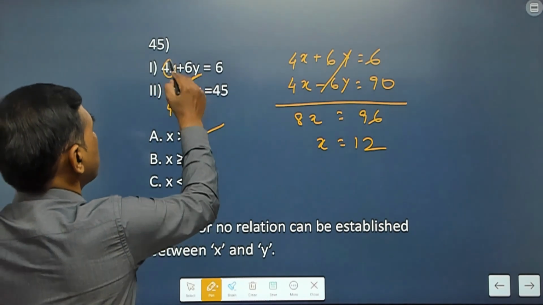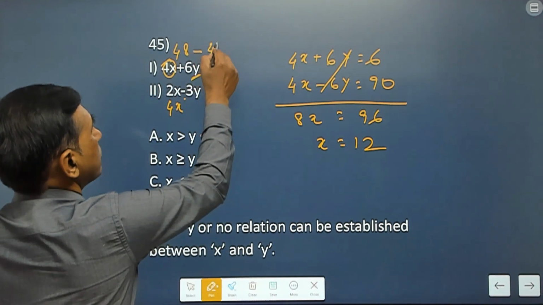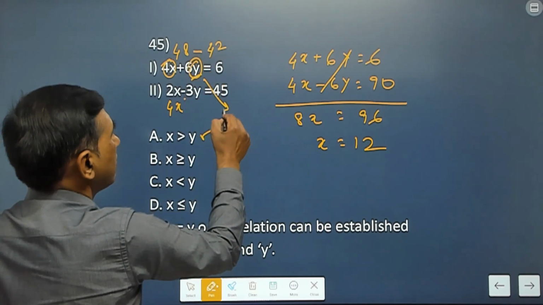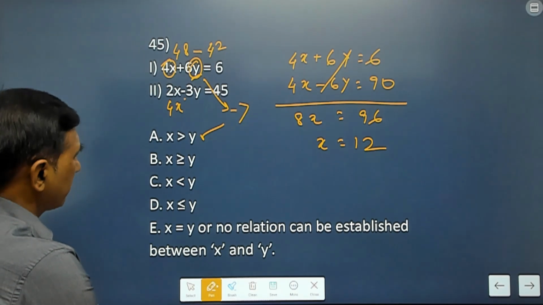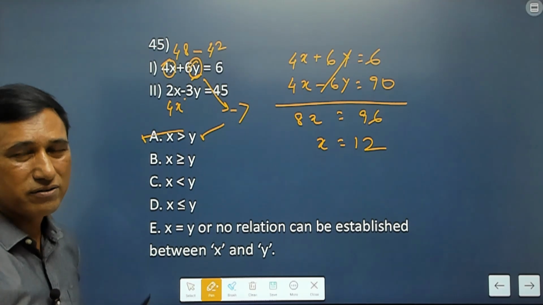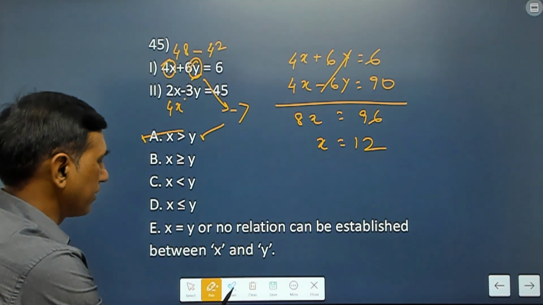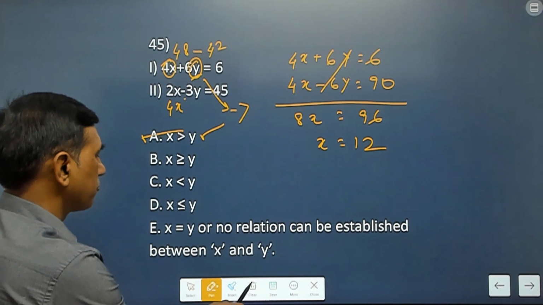If x is equal to 12, this is 48, so this is minus 42. So y has to be minus 7. But if you use common sense, you don't have to find out the root. No one is asking you to put the root there. It is just that you have to say whether x is greater or smaller.